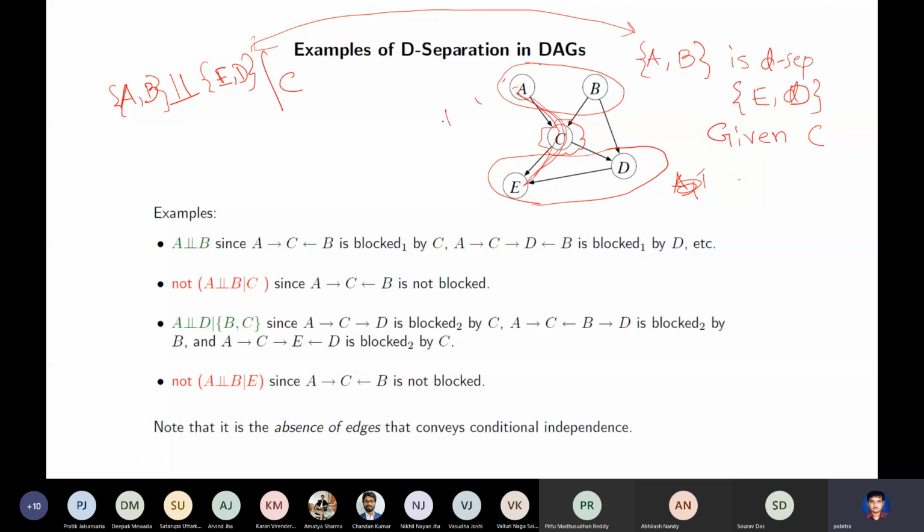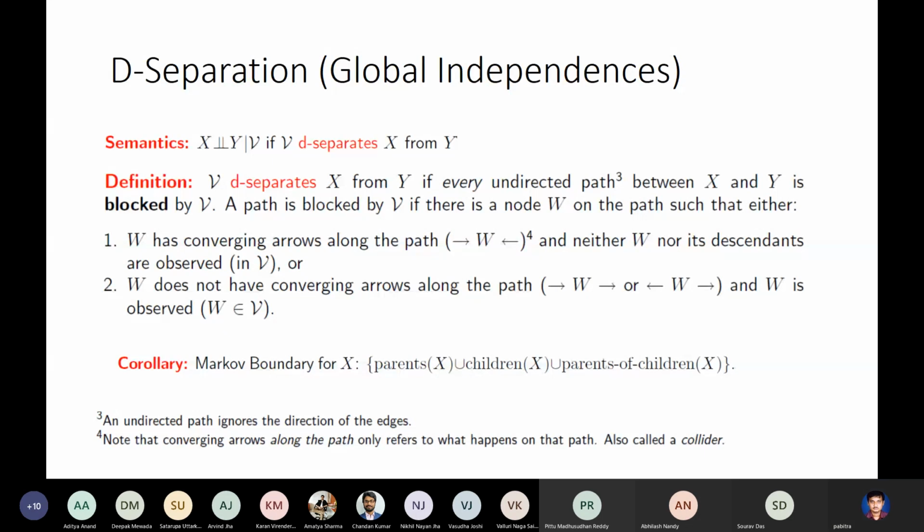I would call this a trail. And I would call this an active trail.